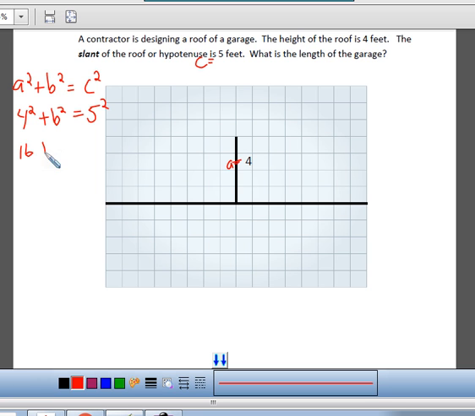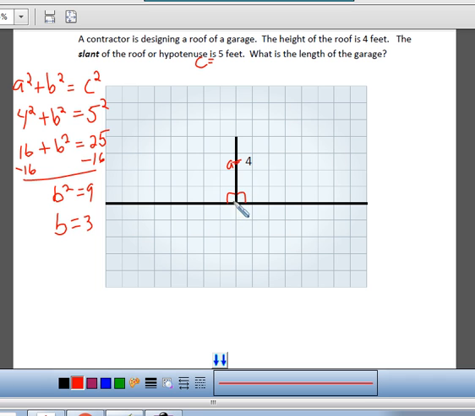So 16 plus some number equals 25. Subtract 16 from both sides, and you get b squared equals 9. So b equals 3. So this distance down here, now be careful, is going to be 3 on one side of this leg and 3 on the other side.